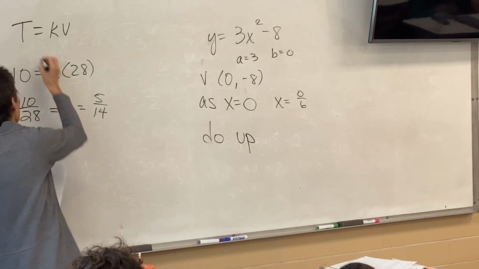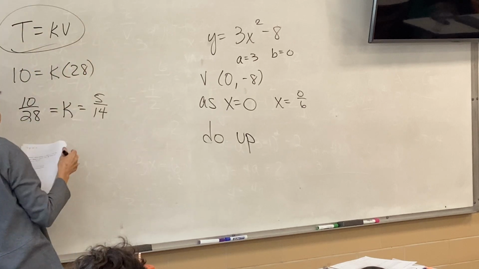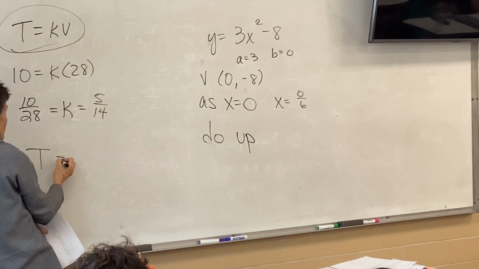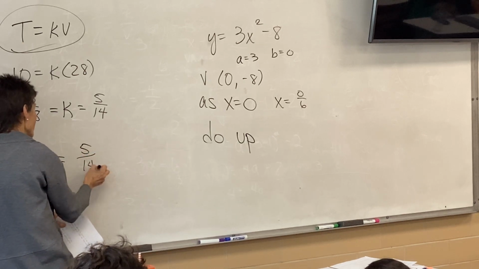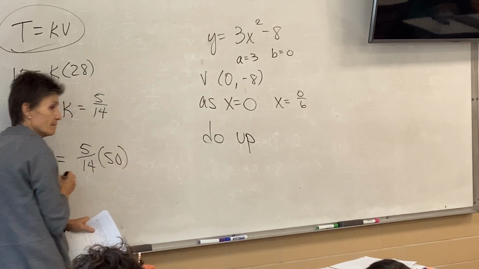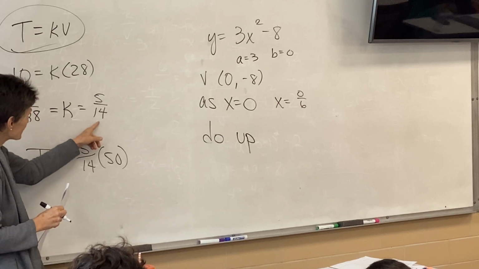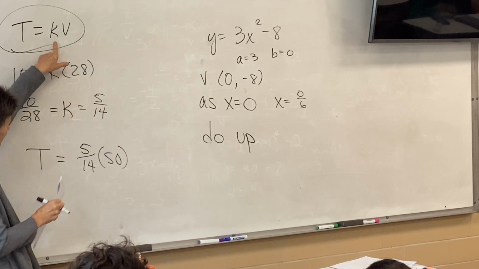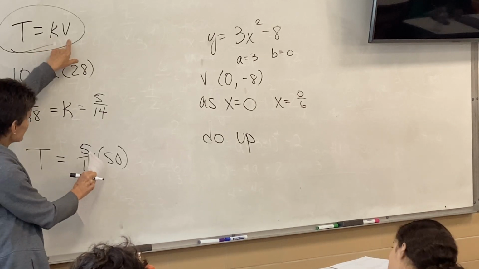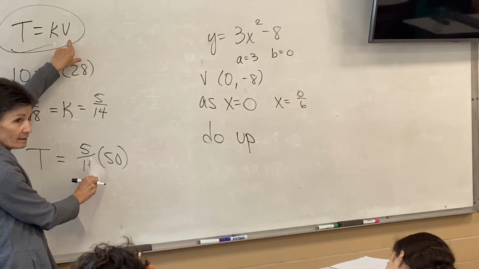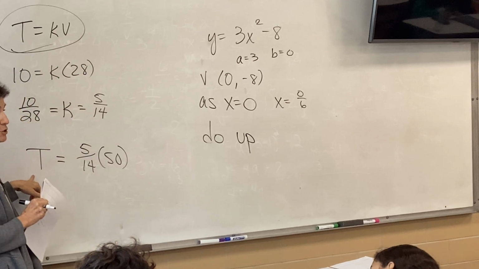Then it says, go back to your equation, find the temperature when the volume is 50. Now, you just figured out that K was 5/14. They tell you the volume is 50, so how are you gonna get your temperature?